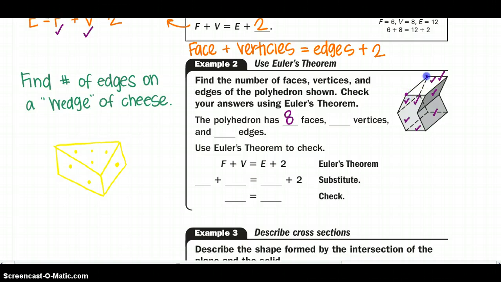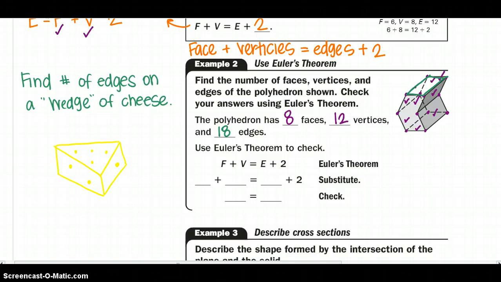Let's see, 1, 2, 3, 4, 5, 6, 7, 8, 9, 10, 11, 12. I like to look at it: if there's a corner right there, I label that as a vertex. And I would have 18 edges if you count. So remember, an edge is 1, 2, 3, 4, and I have 18 of those.